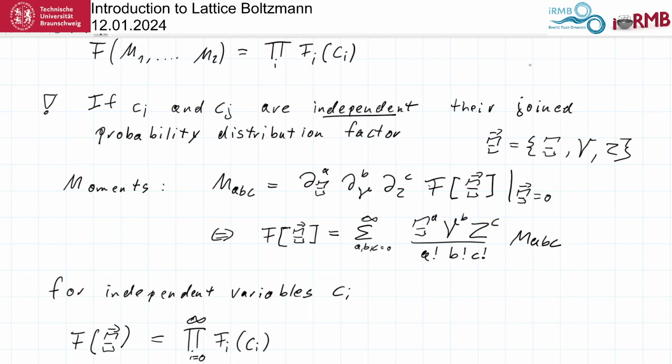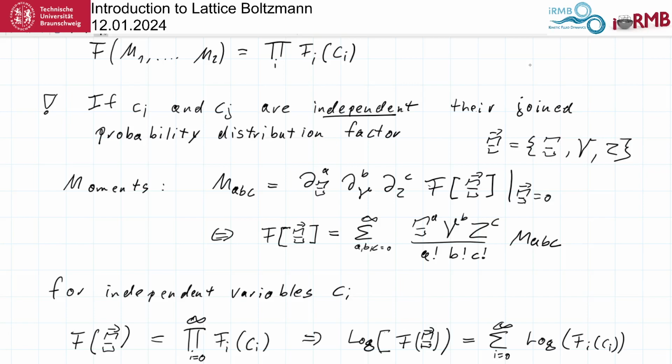So if this is a product, what we can do is take the logarithm of the moment generating function f of Xi, and when we take the logarithm of a product, we get the sum, right? So we get the sum over i from 0 to infinity of the logarithm of f_i of Ci.